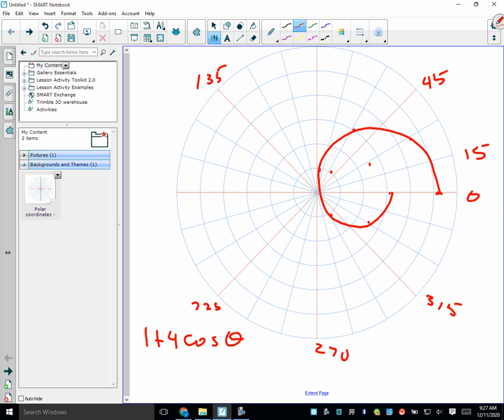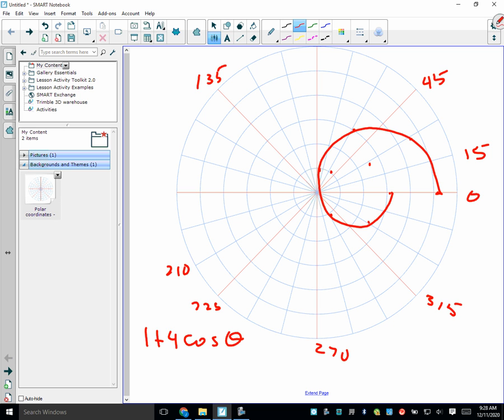270? How do you know where to get these angles? Are you just going by 30? Each one of these marks is 15. So if this is 180, this is 210. Where am I now? 270 is 1.